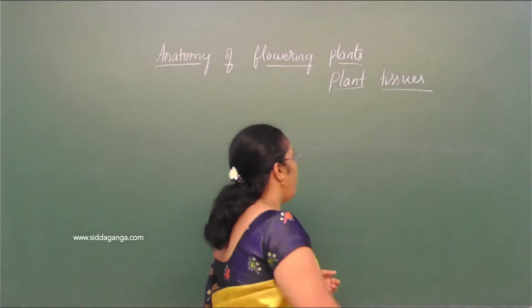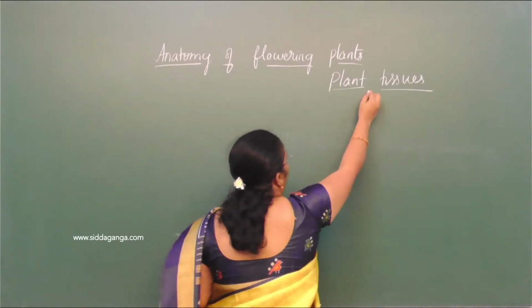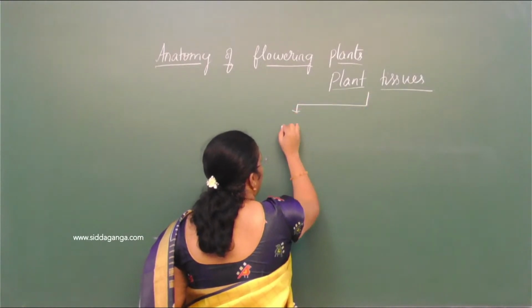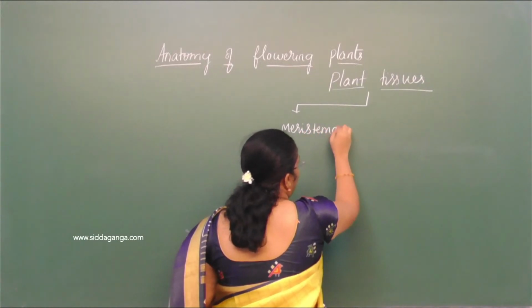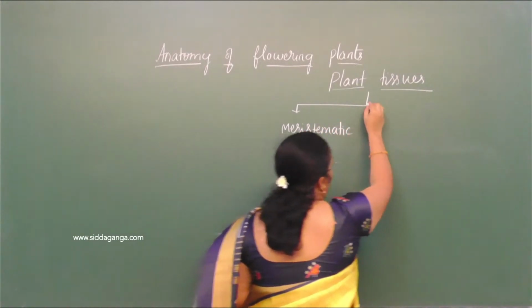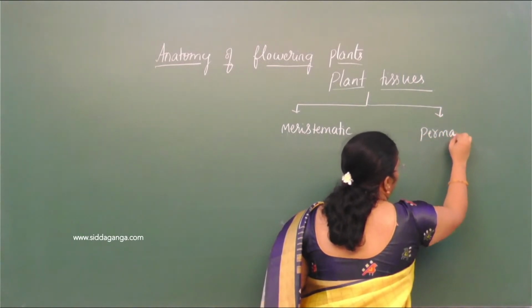Nageli divided plant tissues into two types. That is meristematic tissues and permanent tissues.